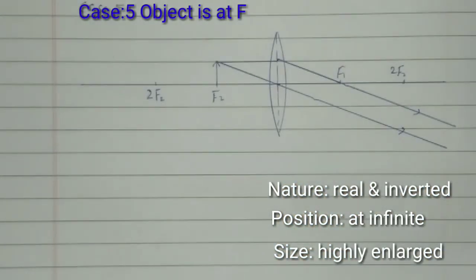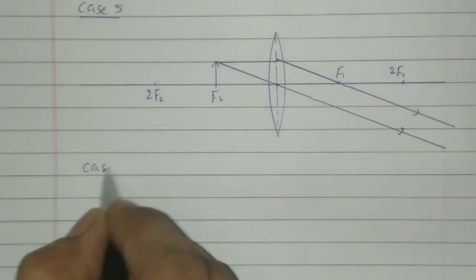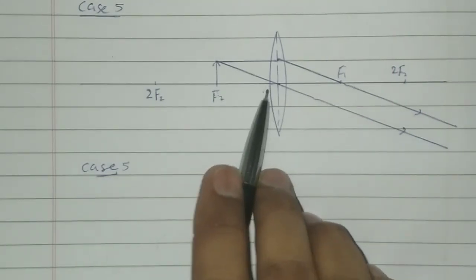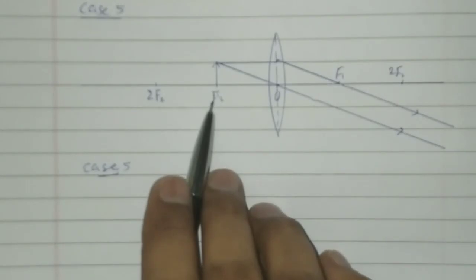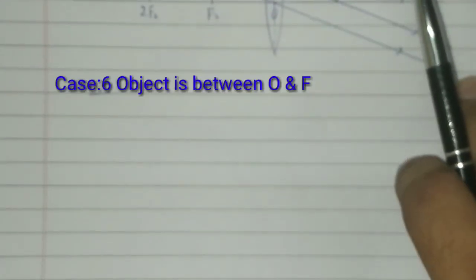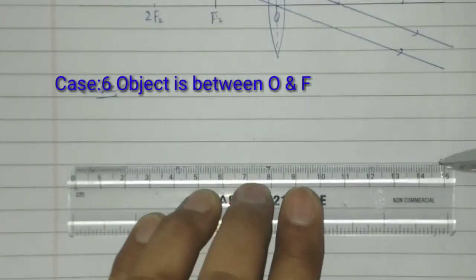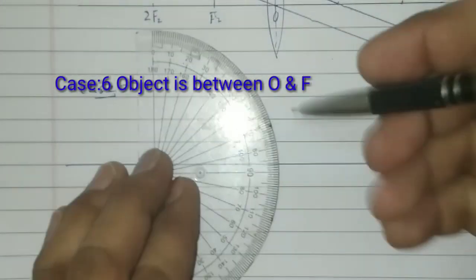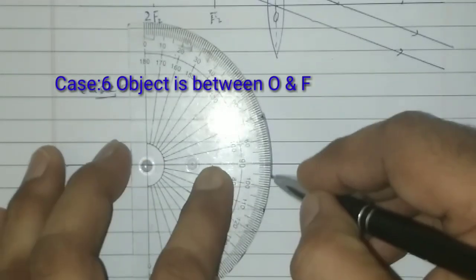Okay. Now case number 6. Now the object will come nearer to the lens. That will the position of the object will be between O and F2. (70° above to 70° below).